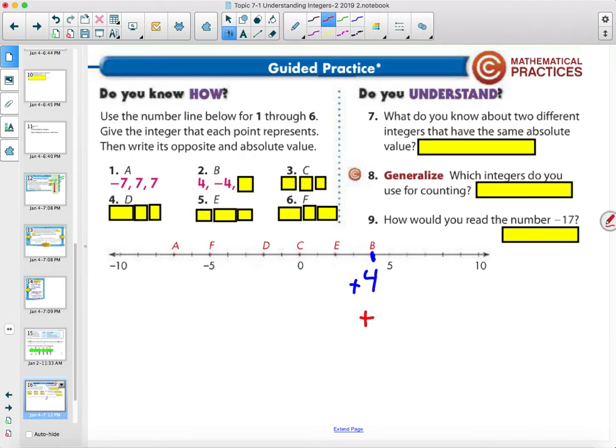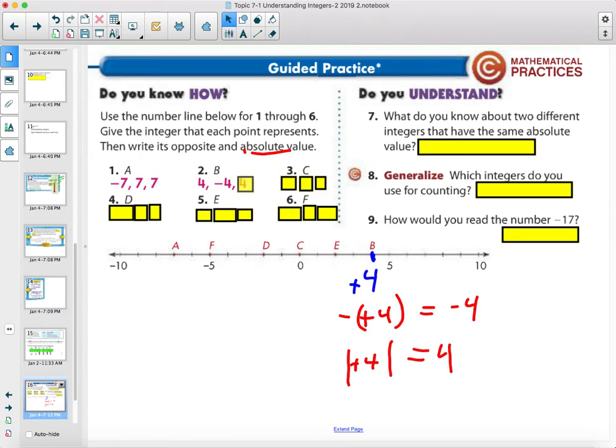So if you have +4 and you want its opposite, it would be -4. What is the absolute value? Lydia? The absolute value of +4 is 4.